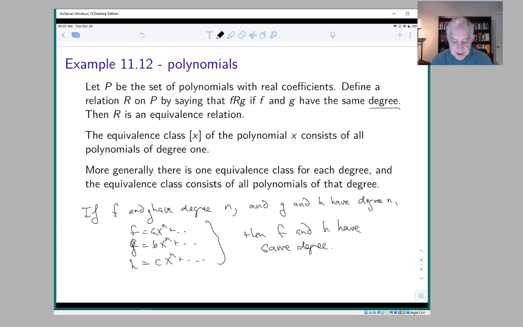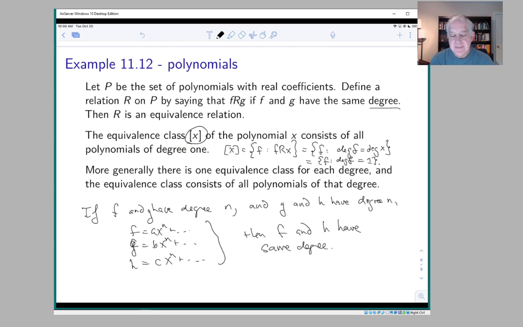So what is the equivalence class of the polynomial x? Well, the equivalence class of x is the set of all polynomials f which are related to x, which is the same thing as saying the set of all polynomials f such that the degree of f equals the degree of x, which is the set of polynomials f such that the degree of f is 1. So all the polynomials of degree 1 are in the equivalence class of x.